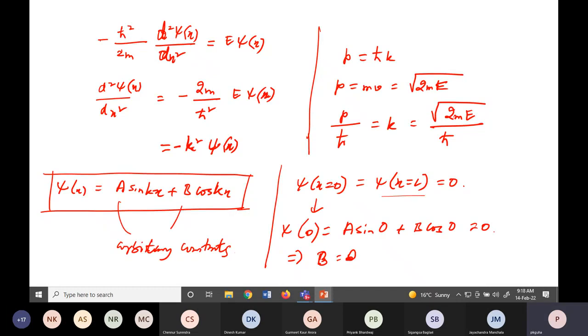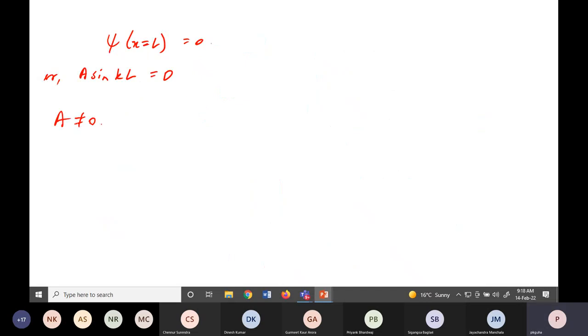So we can't consider from this expression that A can be 0, which is a possibility, because A multiplied by sin kL equal to 0. But A can't be 0 here, because we have already found that B equal to 0. If both are 0, it will give you a trivial solution. So we can't accept A equal to 0.